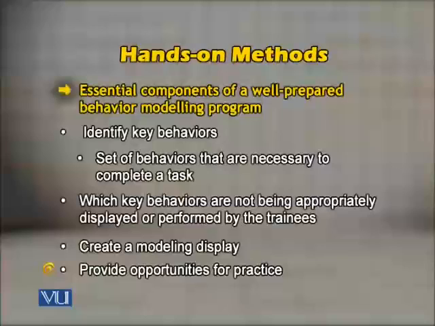And then you have to provide, and this is a very important component of behavior modeling, within the training program opportunities to practice. Because unless you provide opportunities to practice, what the trainees have seen they will not be able to replicate very accurately later on in their actual work life.